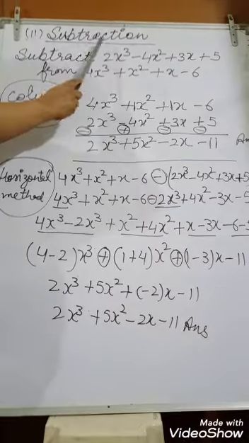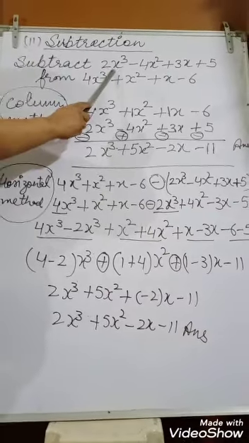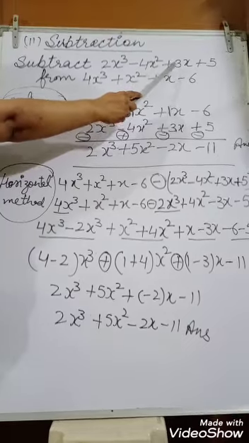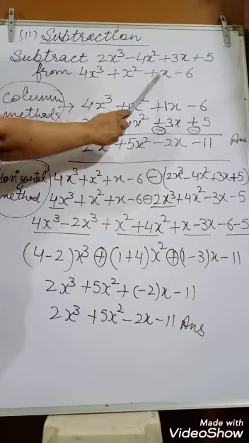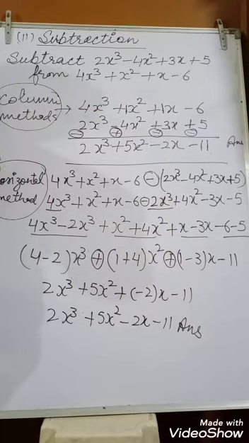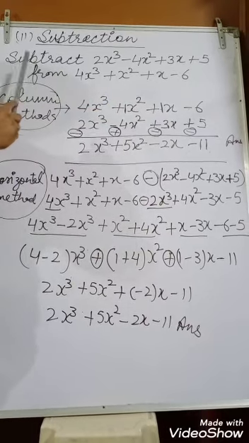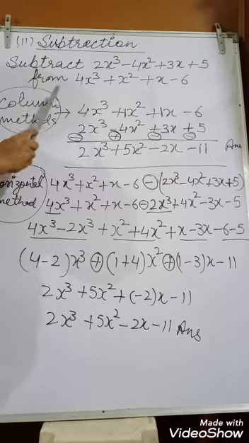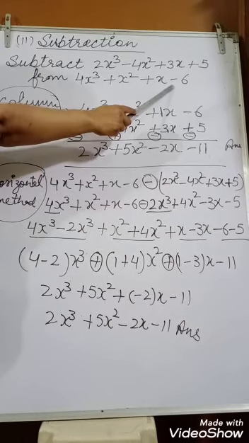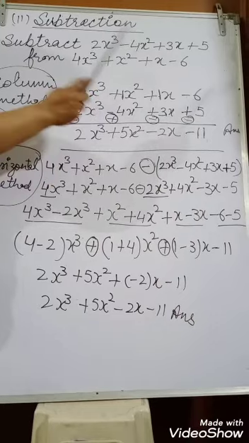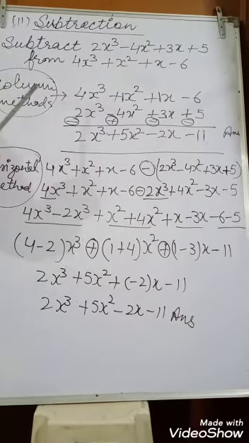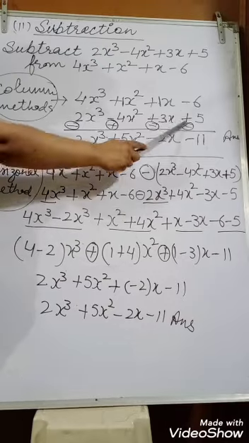Class, let us do the subtraction now. Subtract 2x cube minus 4x square plus 3x plus 5 from 4x cube plus x square plus x minus 6. Let us do the column method. What we usually do for subtraction is take the last expression at the first place and the first expression at the last place. Since this is a column method, change the signs of the last row.